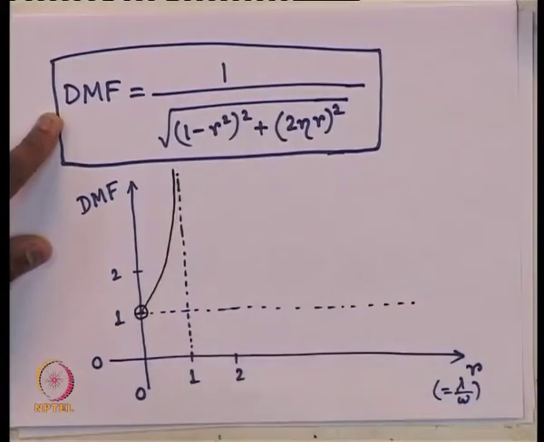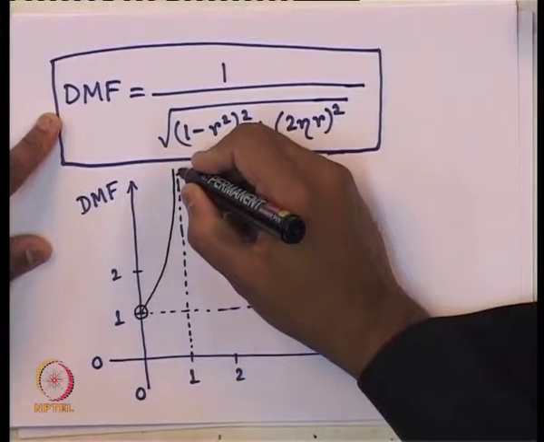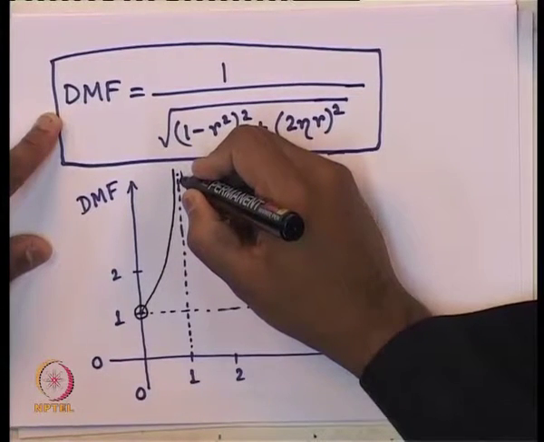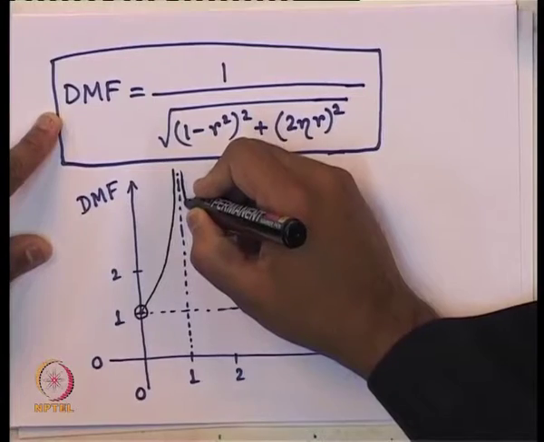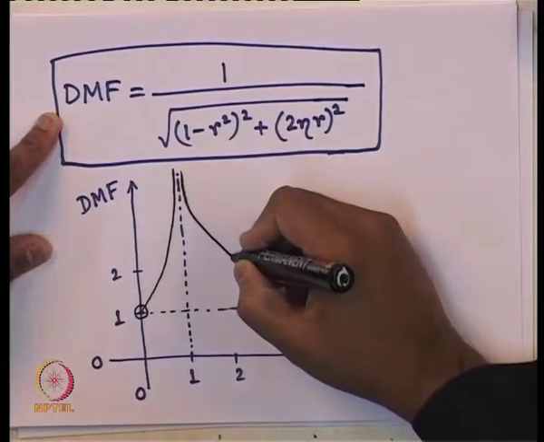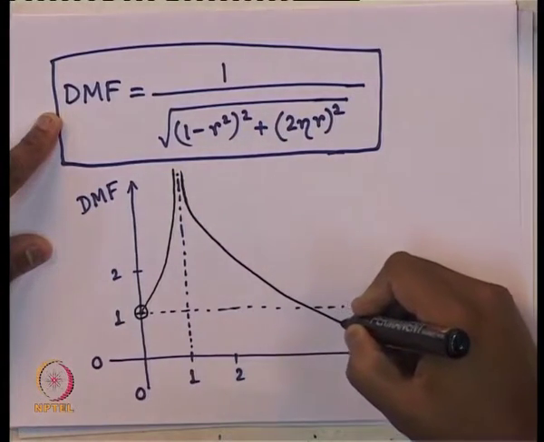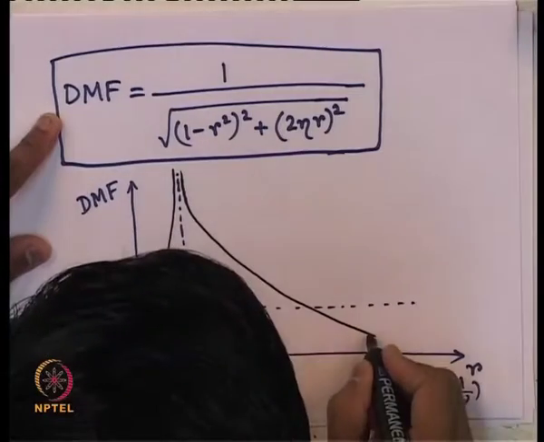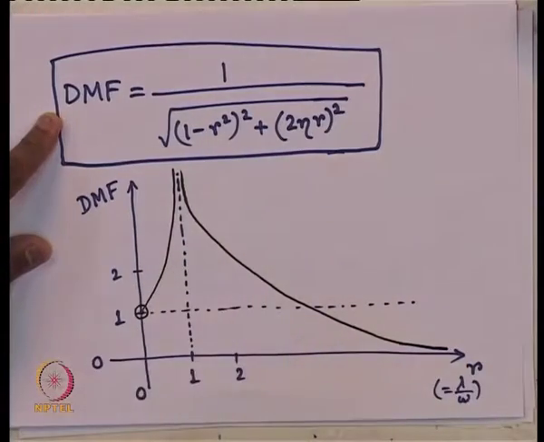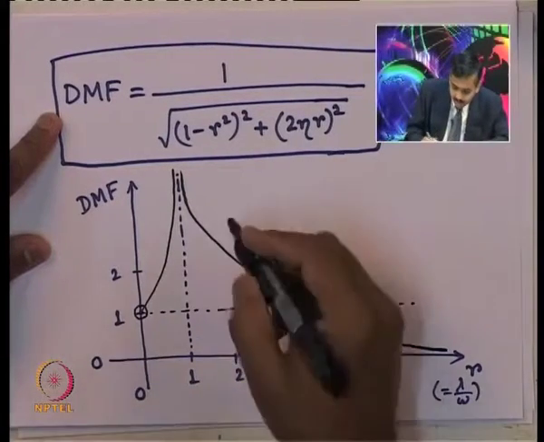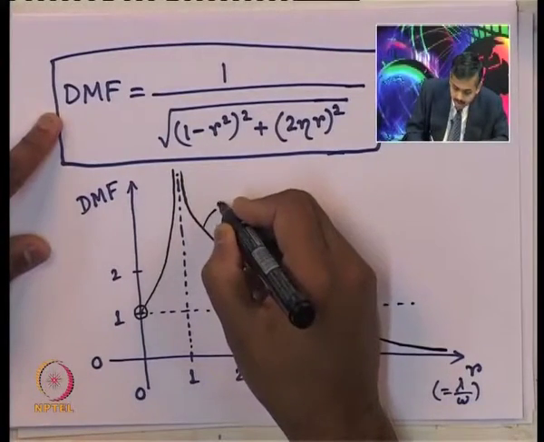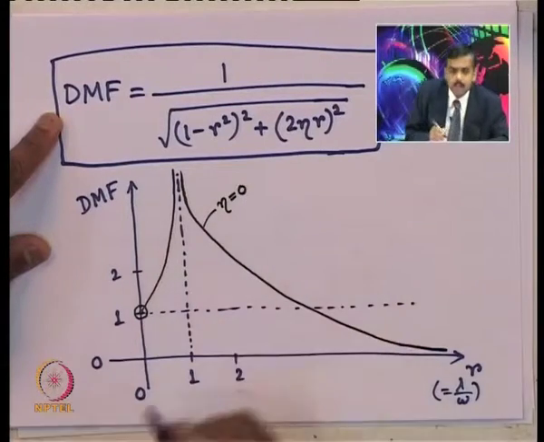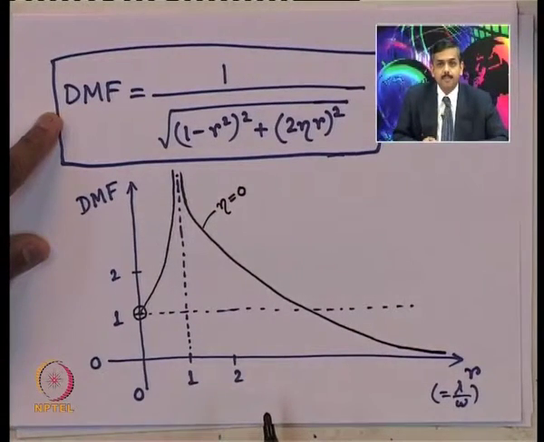So, the other side of the curve will be something like this, tangential, goes down here, approaches 0 at very high value of r. So, this is the curve we got for eta equals 0, that is the undamped case.